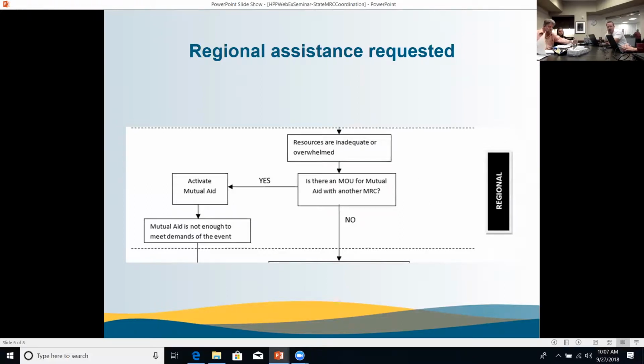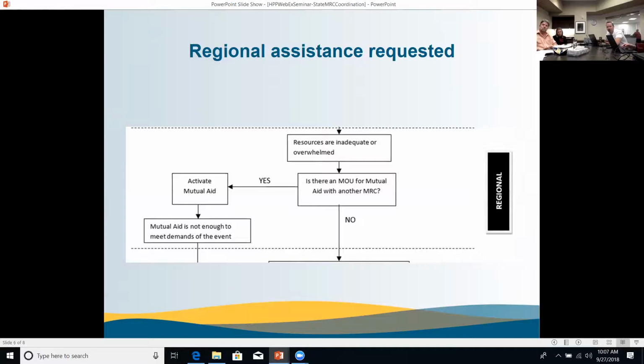So we have Panhandle, we have Roamers, we have West Central, Central Nebraska, Southeast, and Tri-County, or the Omaha metro area. And those generally correspond with the Healthcare Coalition regions.